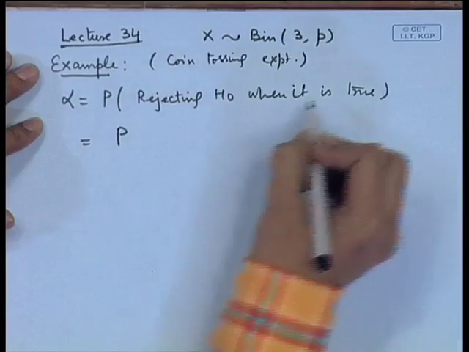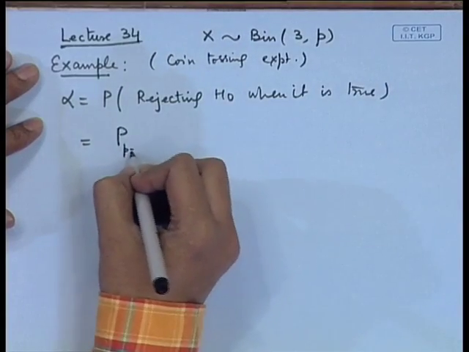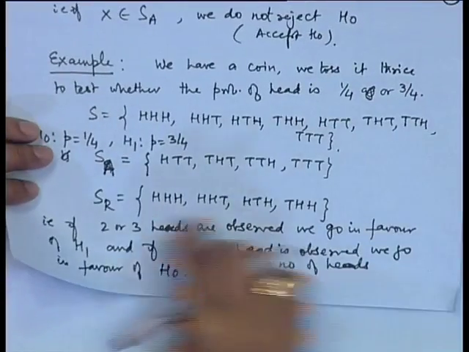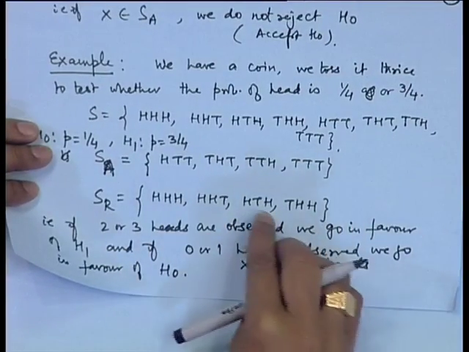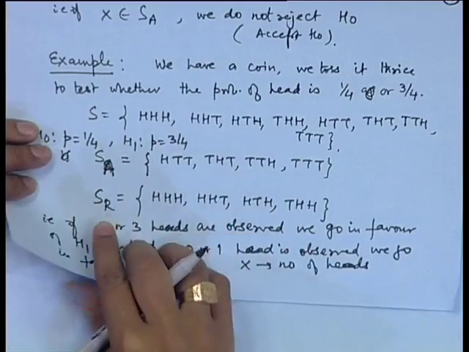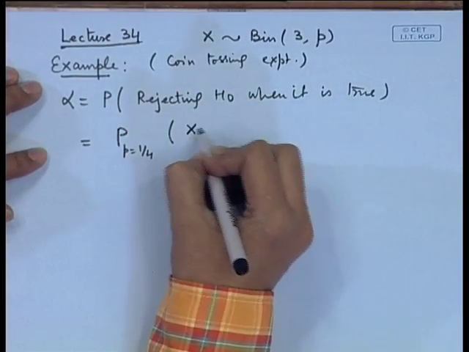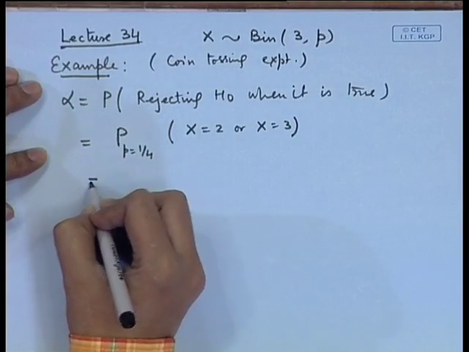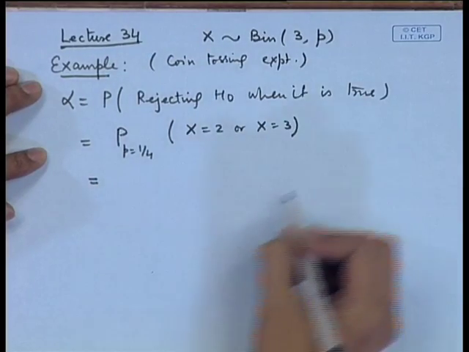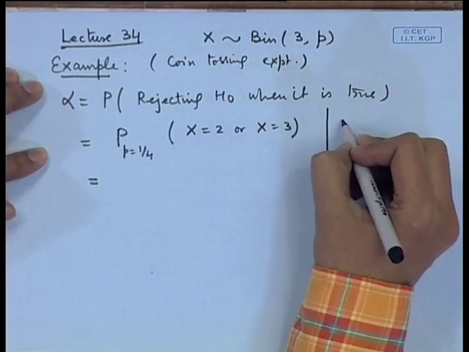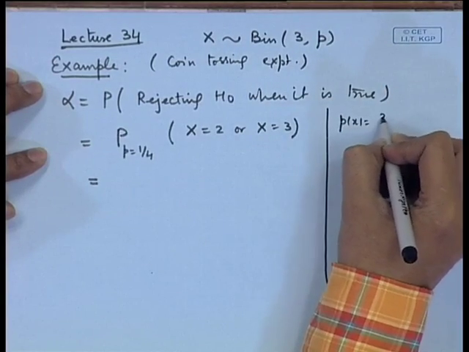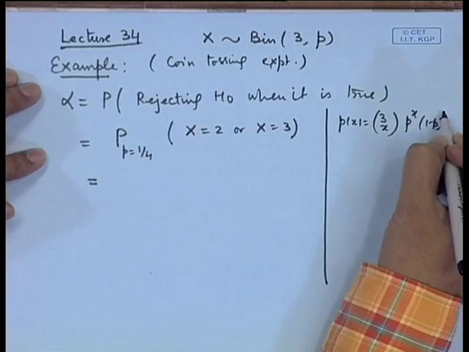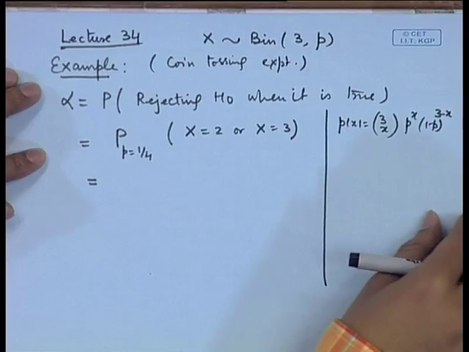When H naught is true, means p is equal to 1 by 4, under this we are rejecting when x is either 2 or x is equal to 3. So, this is basically reducing to the probability of x equal to 2 or x equal to 3. Now these probabilities can be evaluated, because we know the distribution of x, that is p x is 3 c x p to the power x, 1 minus p to the power 3 minus x.